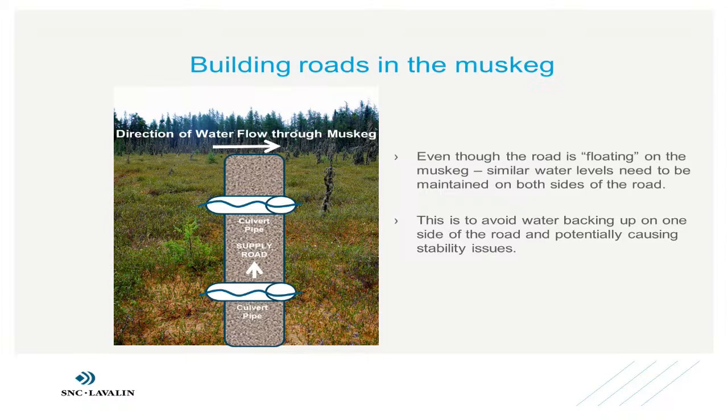You can see now on your screen just a simple illustration where if you're building a road through there, you've got those pipes put down, and you do not want backup of water on one side of the road. So you've got to make sure you ease that flow, you allow that flow across and underneath that road. Otherwise, you're going to dry out one area and another area will get oversaturated.